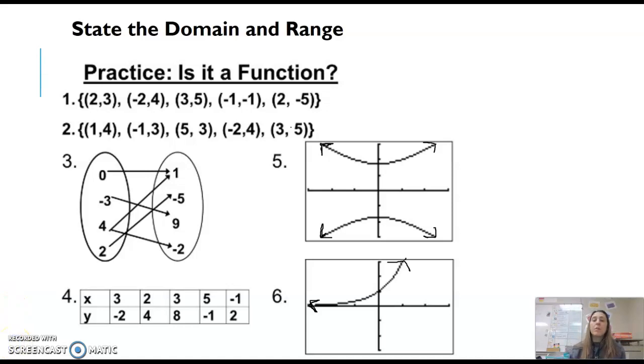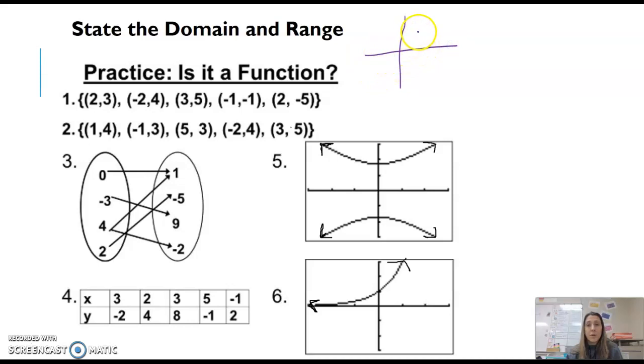Okay, so remember when we're looking for a function, we don't want any of the x's to repeat. So as long as they don't repeat, then it's a function, because if we were to graph that, that would pass the vertical line test, right? As long as none of the x's repeat. So this one we have an x of 2 here, a -2, a 3, a -1, and a 2. And if we were to graph that, it would look something like this.